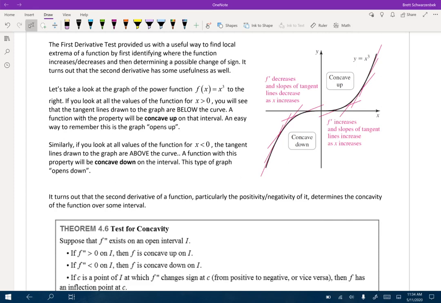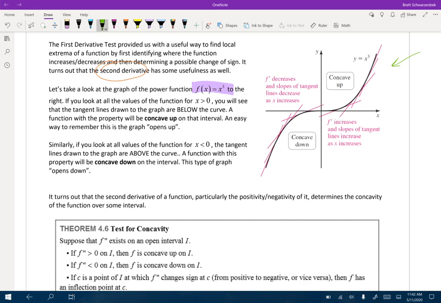If you recall a while back when we first did higher order derivatives, I mentioned that the second derivative is going to come into play at some point as being important, and now that's exactly where we are. The second derivative is going to be very useful for us with what we're about to do. So let's take a look at this function, x cubed, which is graphed over on the right.